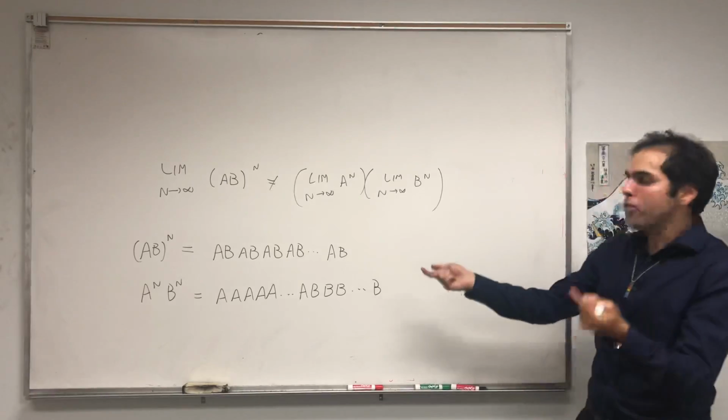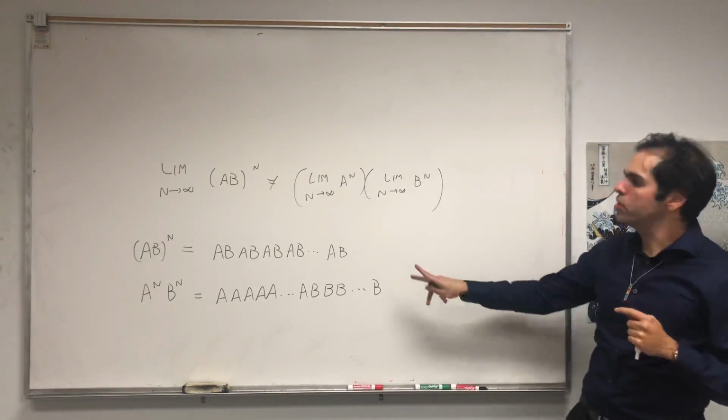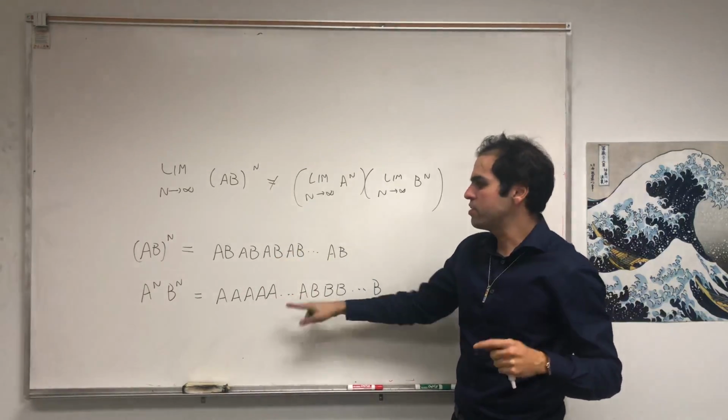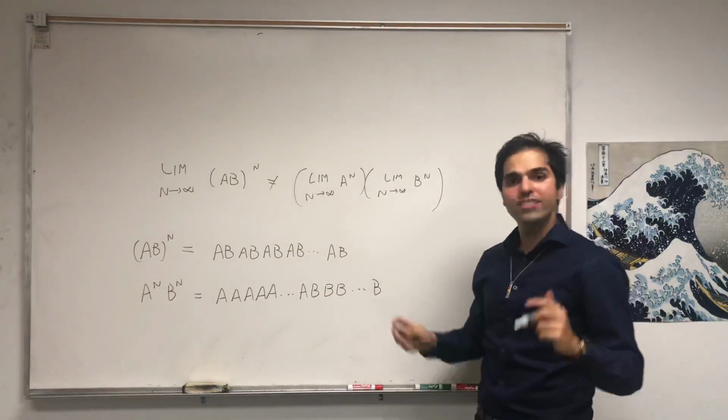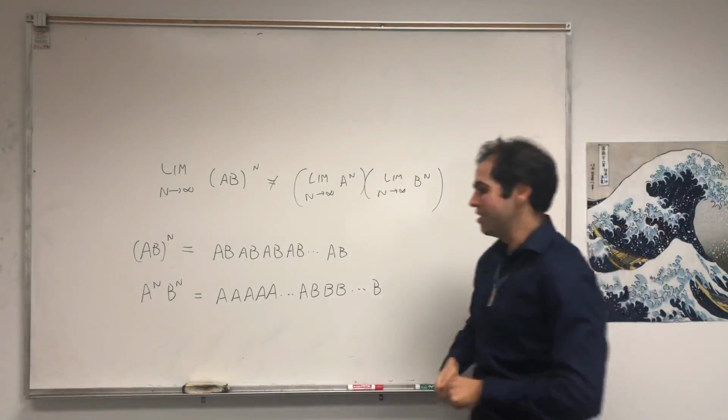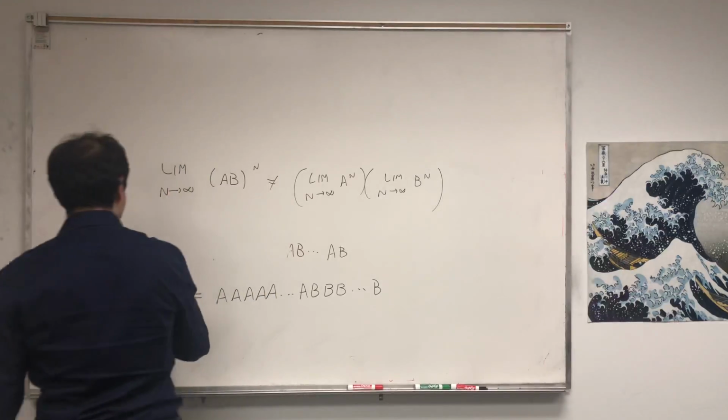And it's very important: matrices do not commute. So in particular, it's not true that you can just rearrange this to get this. So heuristically, it's probably not true that in the limit those two are equal.